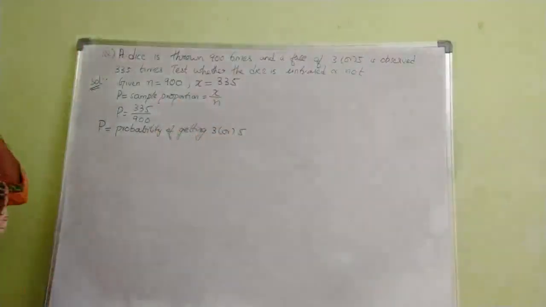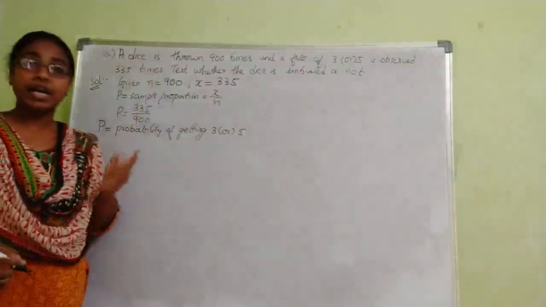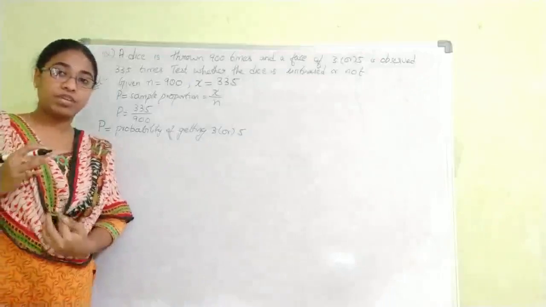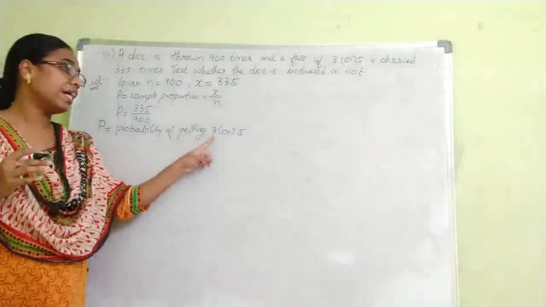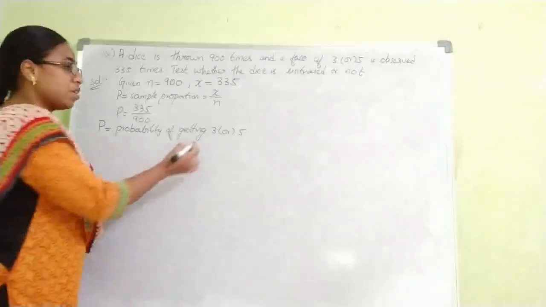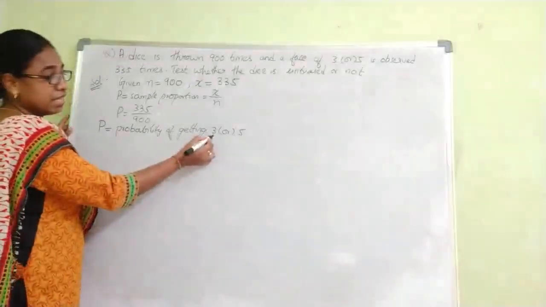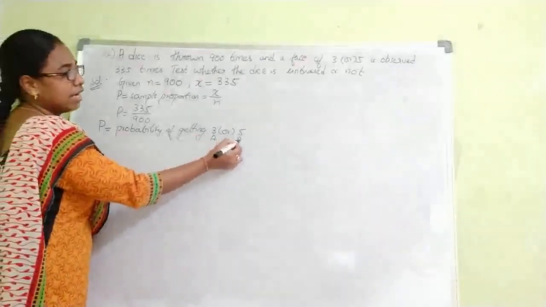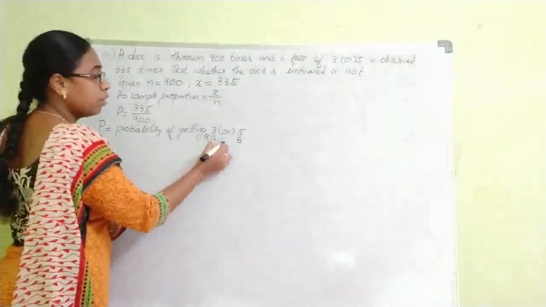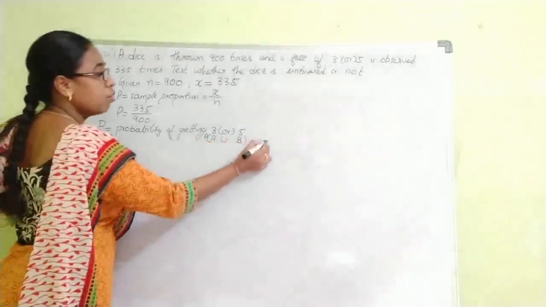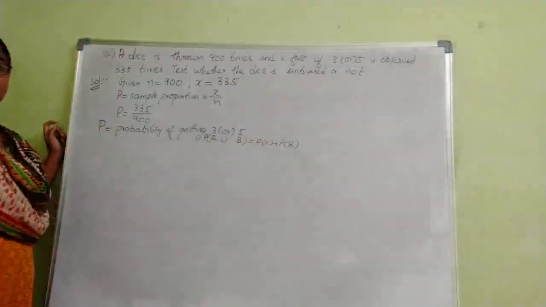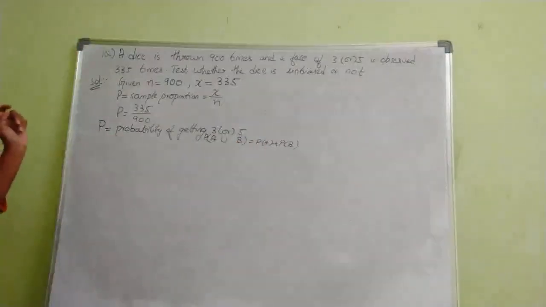So we know whenever you throw a dice, all the outcomes are independent and disjoint of each other, right? So 'or' always indicates A union B. Suppose getting 3 is the event A, getting 5 is event B, then we will find the probability of A union B as probability of A plus probability of B, since they are disjoint events and we don't have any intersection.